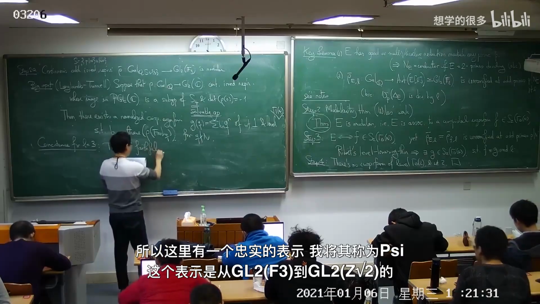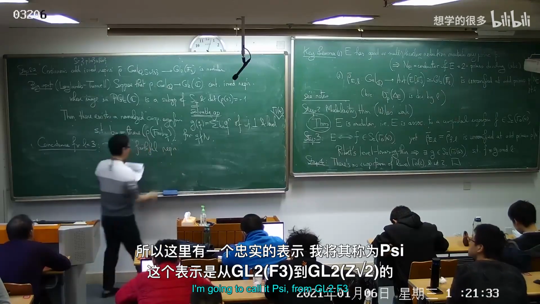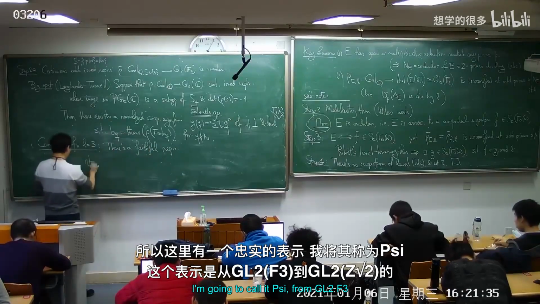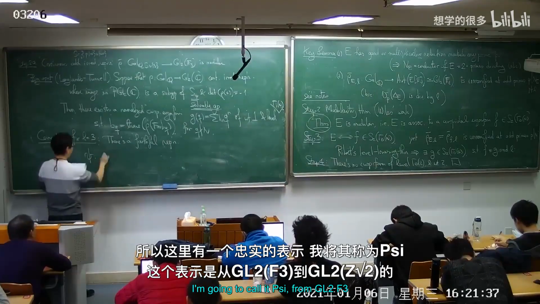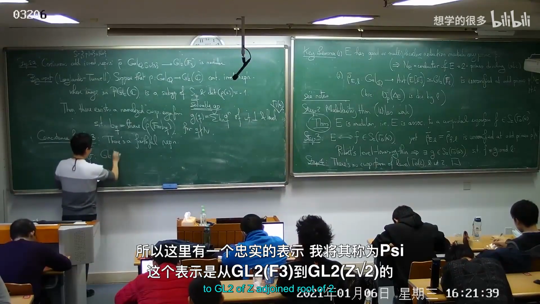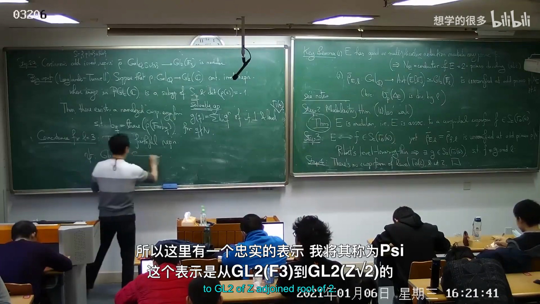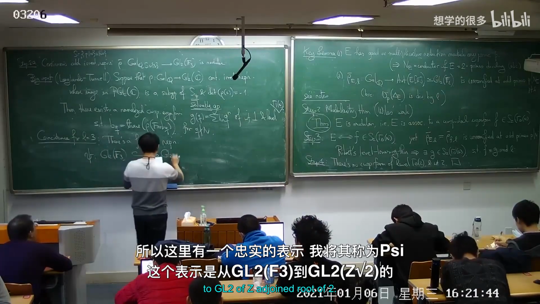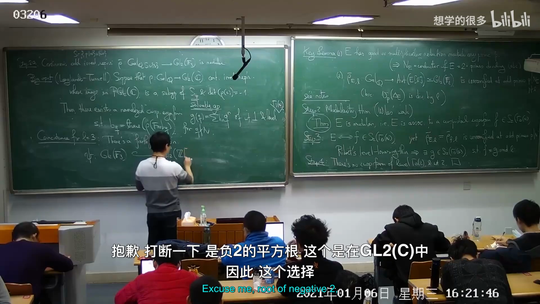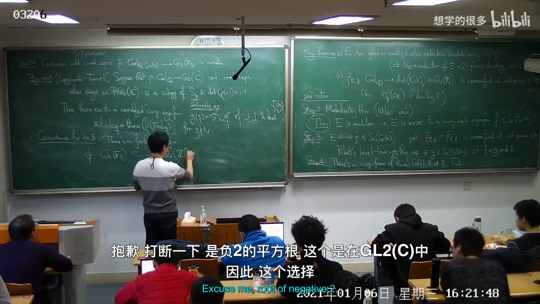So there's a faithful representation, I'm going to call it psi, from GL2(F3) to GL2 of Z adjoin root of -2.